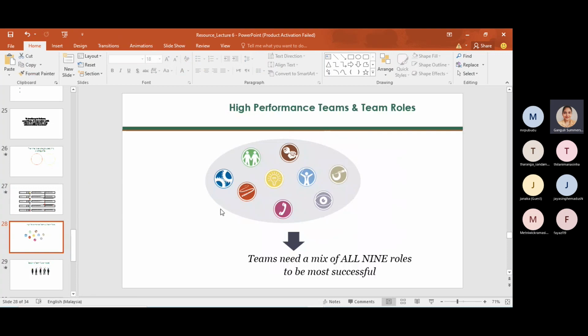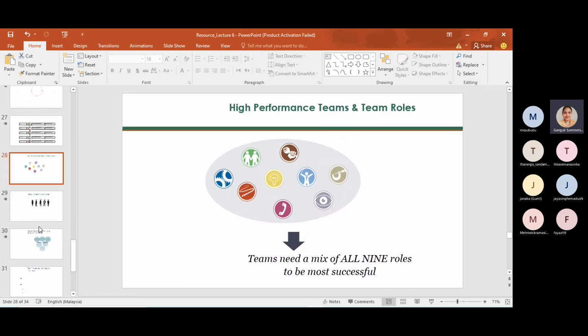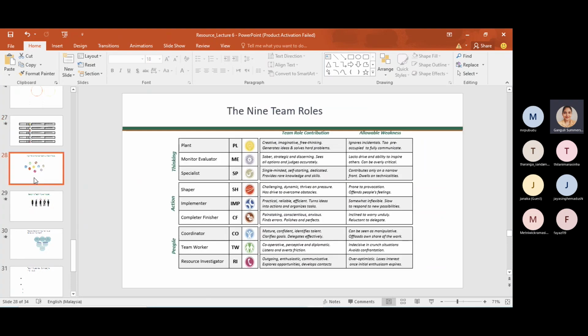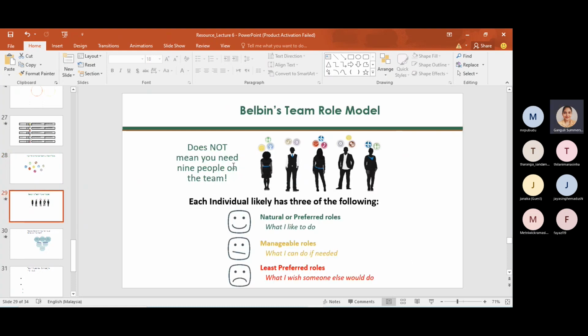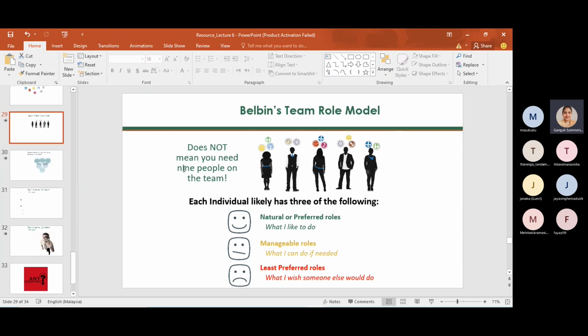And in order to be successful, a team needs a mixture of all nine of these roles. Since there are nine Belbin roles, some people think that this means you need nine people to work on a team.